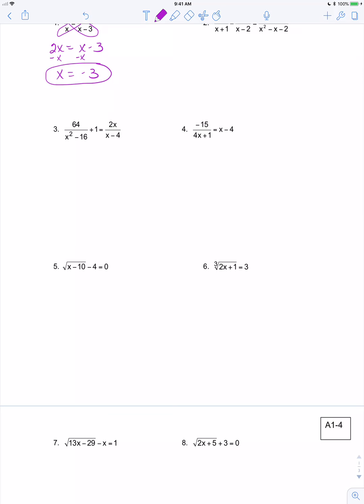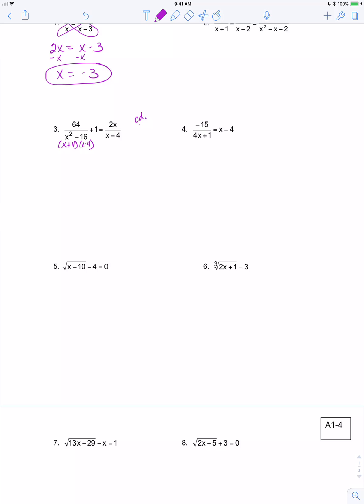Okay, so when they get a little bit more complicated, remember we've got to make sure everything's factored so that we can come up with that common denominator. So x squared minus 16 factors into x plus 4, x minus 4. And what you're going to have to do here to get rid of these fractions is multiply every term by whatever that common denominator would be.